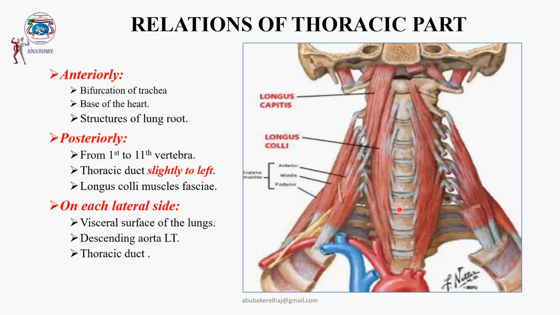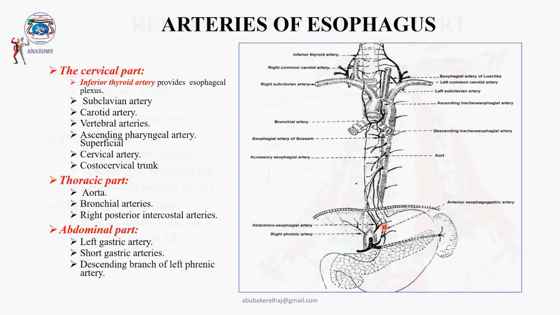On both sides we have the visceral surface of the lungs, making a little impression, and the descending aorta along the left side. That means posteriorly we have the esophagus on the right and the descending aorta on the left of the vertebrae downwards, and the thoracic duct commonly lies between them.